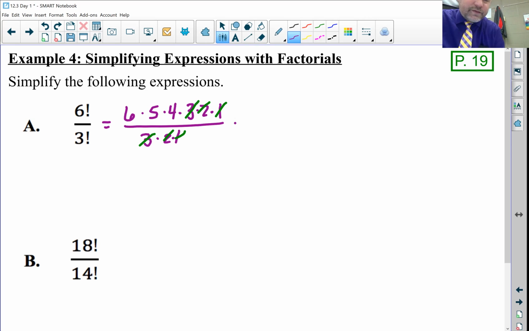So when we multiply this out, we're actually only multiplying 6 times 5 times 4 to get 120.